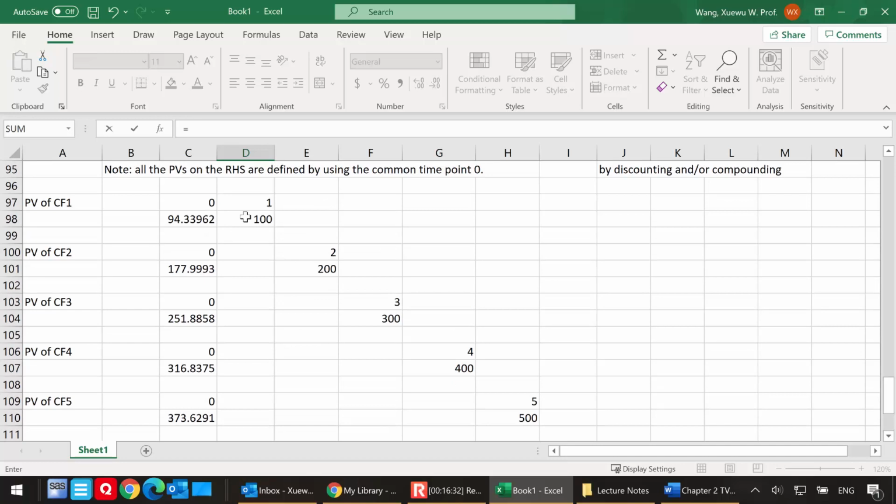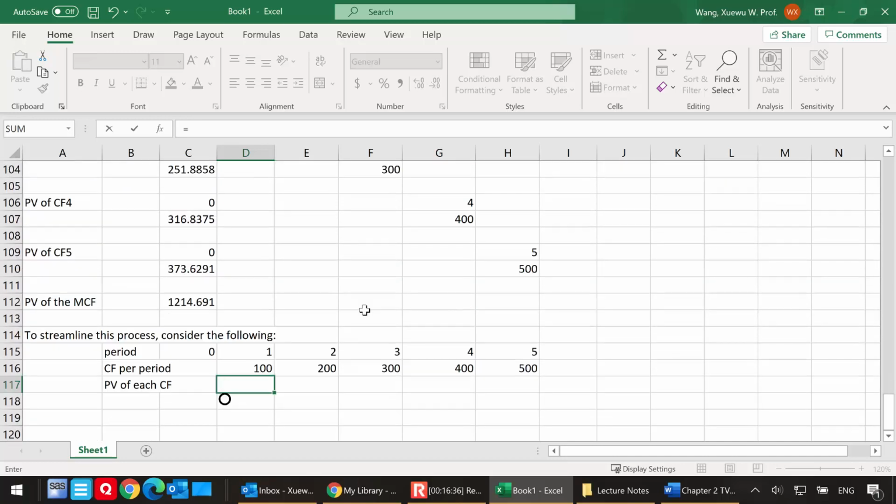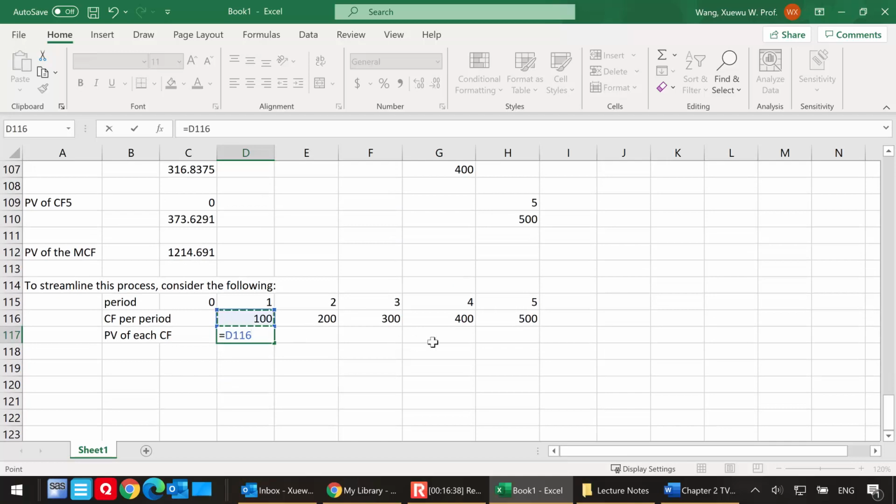So you're just going to treat the 100 as the future value, and you're going to do the discounting. I'm going to take this 100, using a cell reference now, divided by 1 plus 6% raised to the power of 1. Actually, I want to use the time point 1 from the timeline. Now you start to think about this formula.